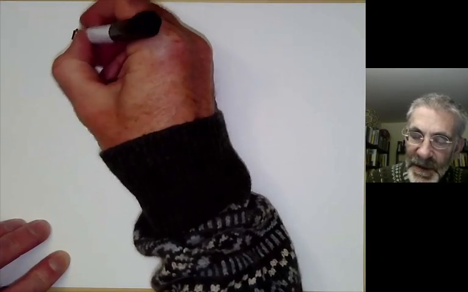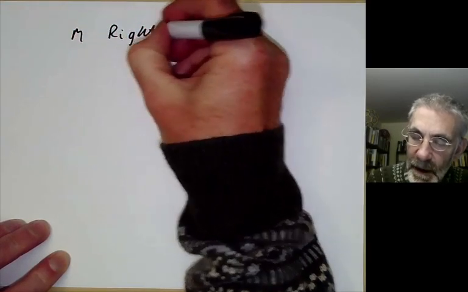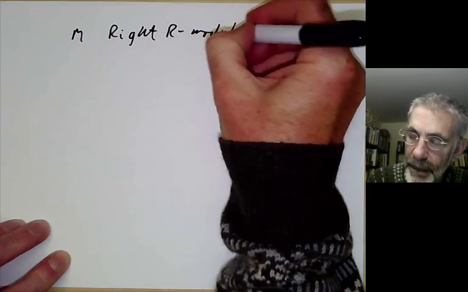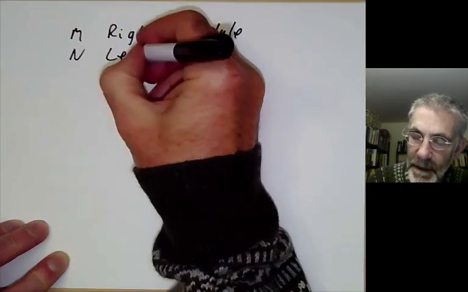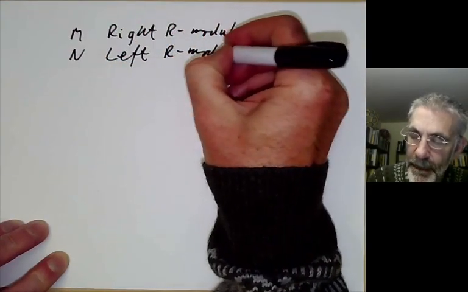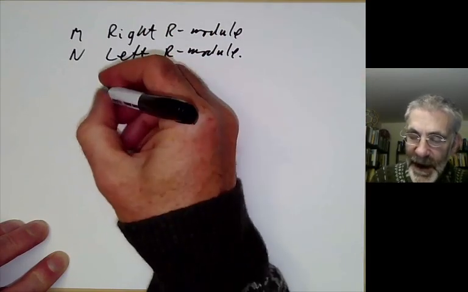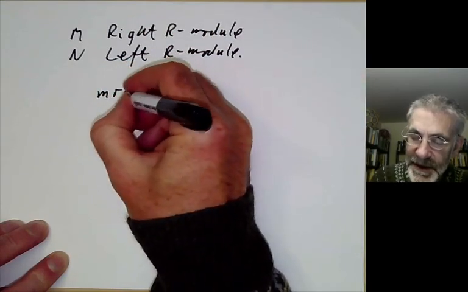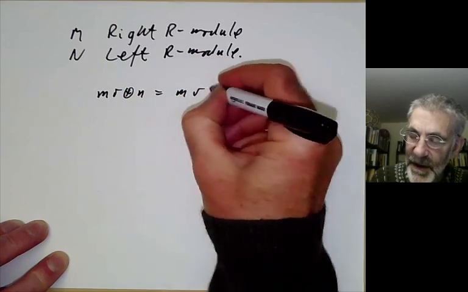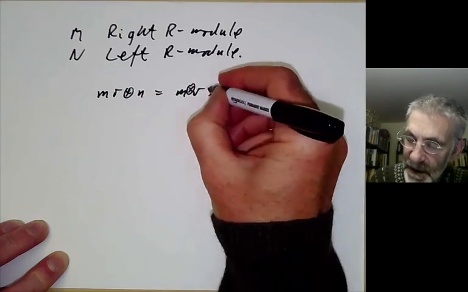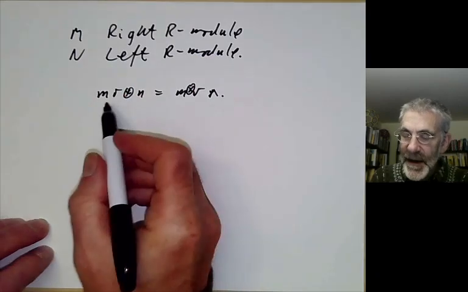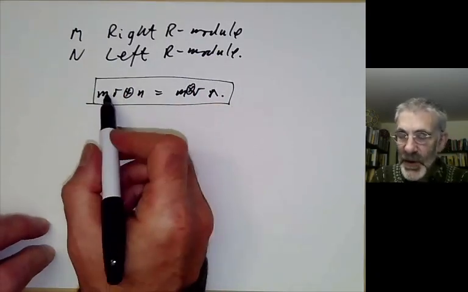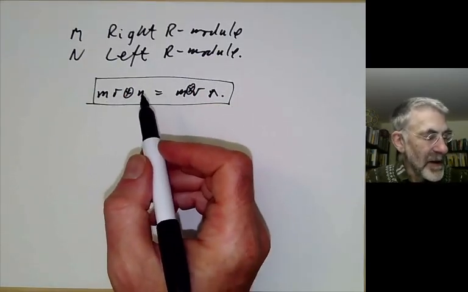Let's take M to be a right R module and N to be a left R module. Then we can add in the relation mr tensor n equals m tensor rn. And now this works much better because we're not changing the order of any variables.